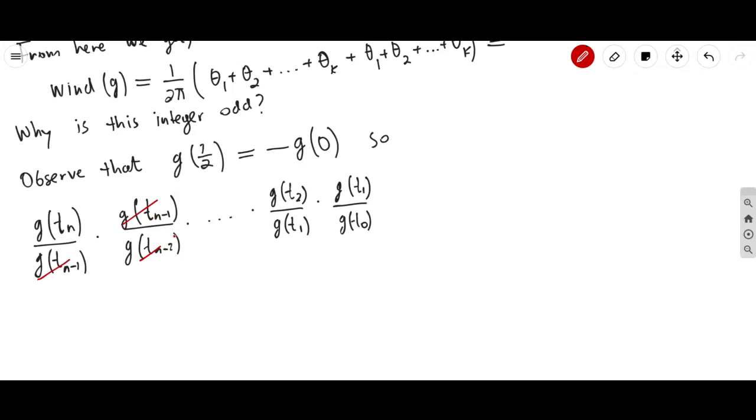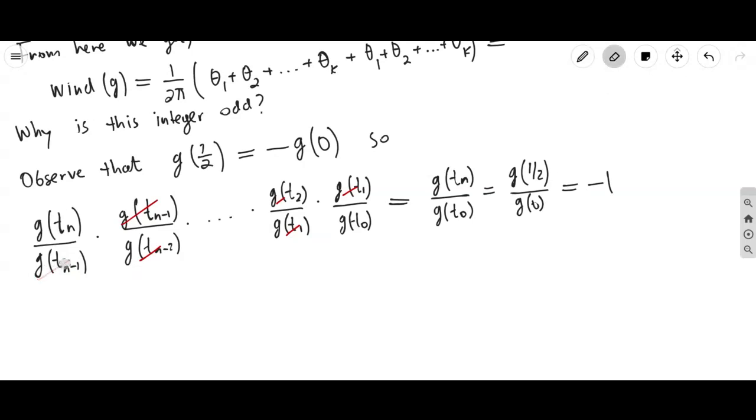These cancel, these cancel, these cancel, and so on. So in the end, you're supposed to get g of t_n over g of t_0. Now g of t_n, that's the last point in the partitioning, which is 1/2. So keep in mind, t_0 to t_n was a partition of the half interval. So that's g of a half. And g of t_0, that's g of 0.